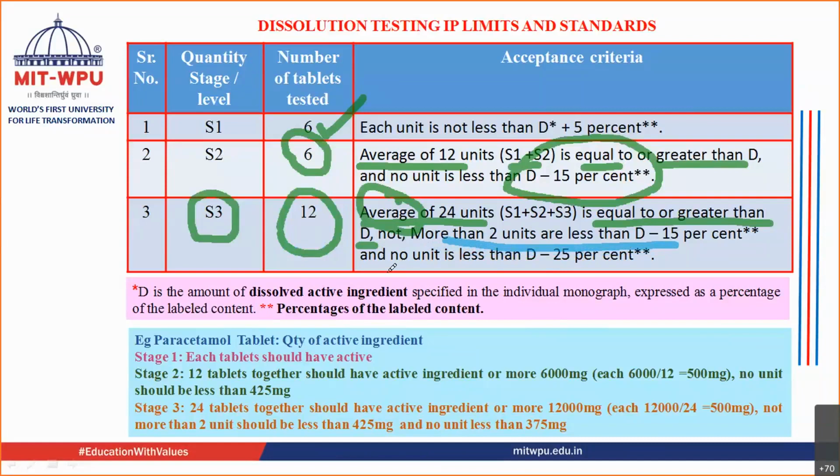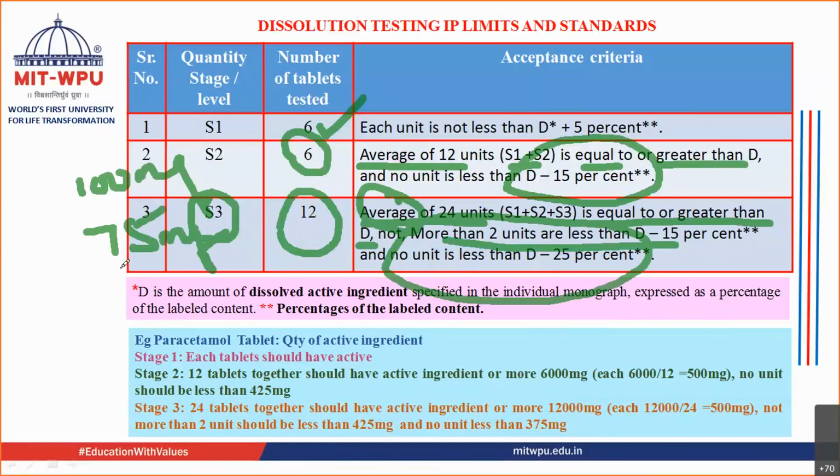And you have to remember, no unit is less than D minus 25%. So if the label claim is 100 milligram and at any given moment you find that one tablet has dissolved only 75 milligram, the test is going to fail. Understood?